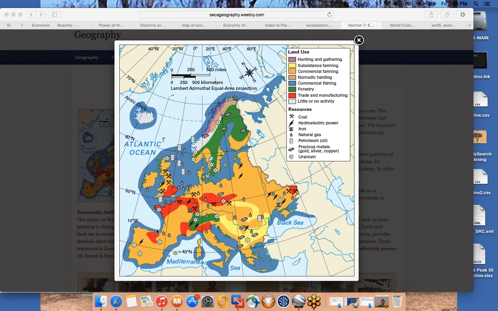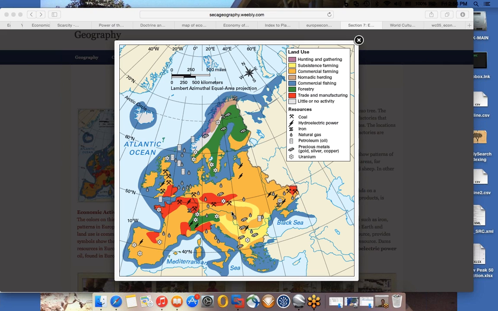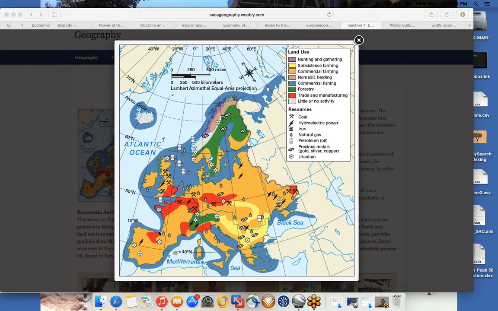There are lots of areas where they produce uranium, and that is also used for energy production. In Europe, they have a lot of nuclear plants for producing energy. I like this map. It's also very interesting.